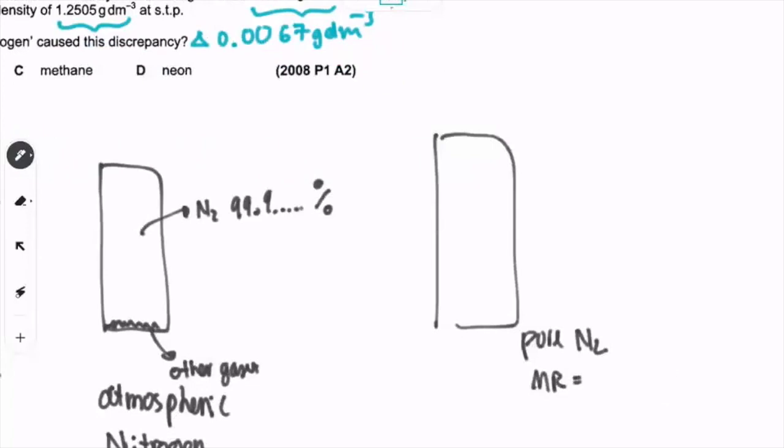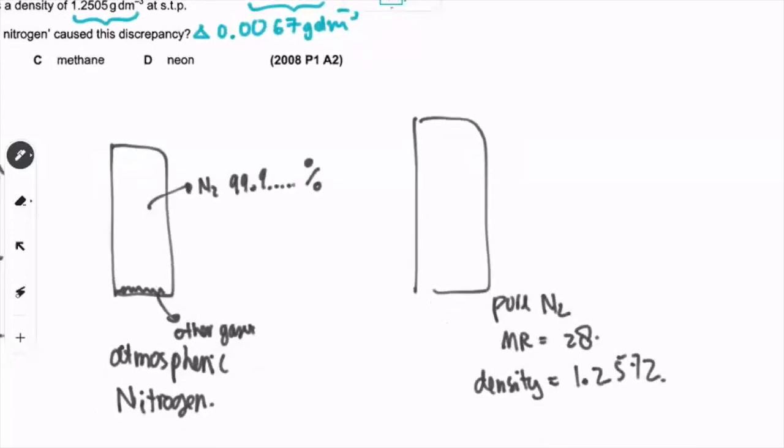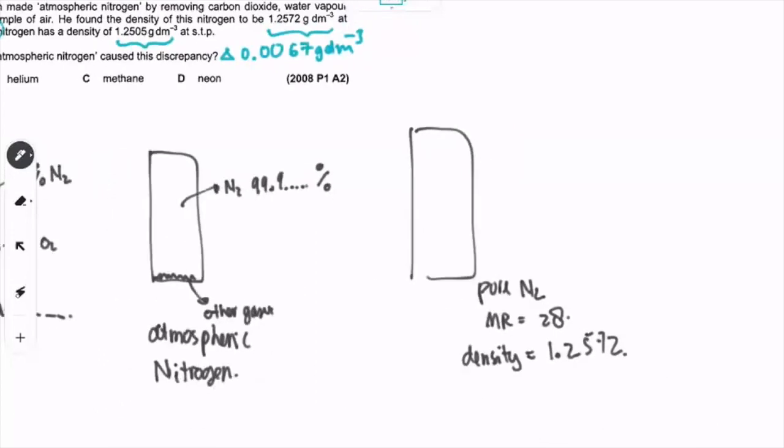Mr is how much? 28. Correct. Density 1.2572. How do you know that? They give, see? Okay, Mr 28 is from the periodic table.